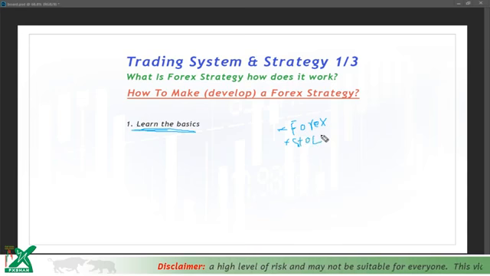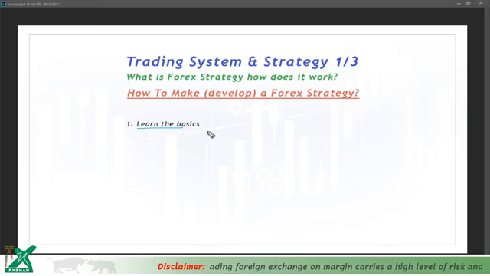Or you want to trade futures. So you have to decide which markets you want to trade. We are selecting forex, so our explanation will be in forex.